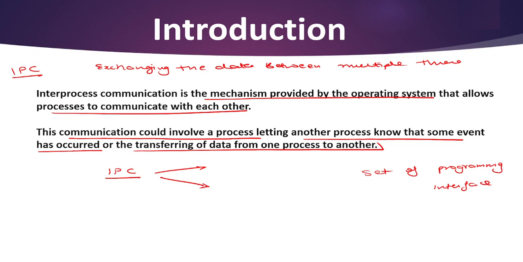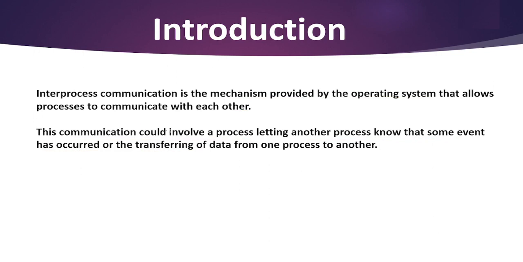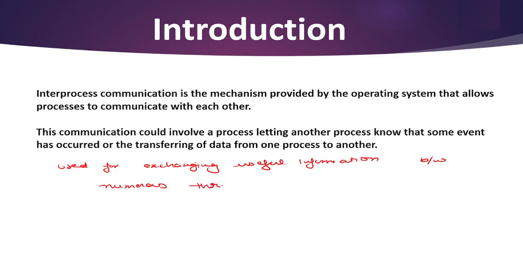So also students, one official definition of IPC is that it is used for exchanging useful information between numerous threads in one or more processes or programs in a computer.